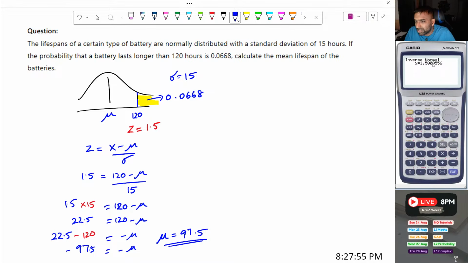I usually go up to 3 decimal places for Z value, because your normal distribution table actually goes up to 3 decimal places. For probability, especially when working with normal distribution, I like to go with 4 decimal places, just because that's what the table gives you. So you can be pretty much safe with that.